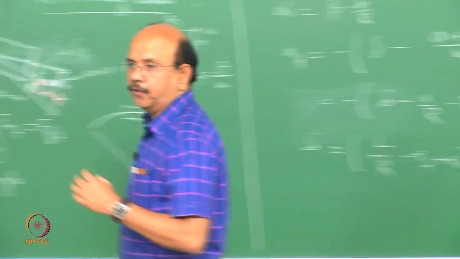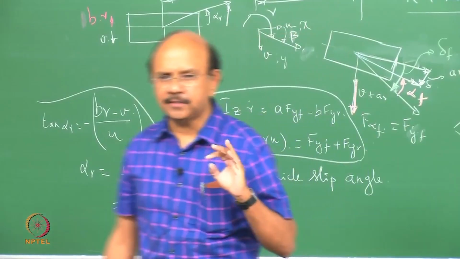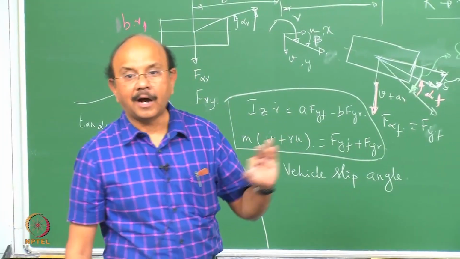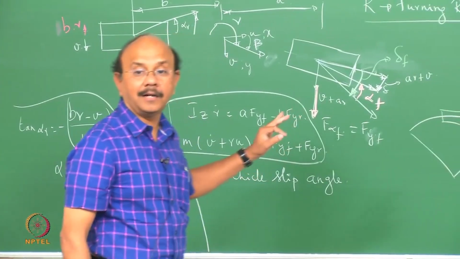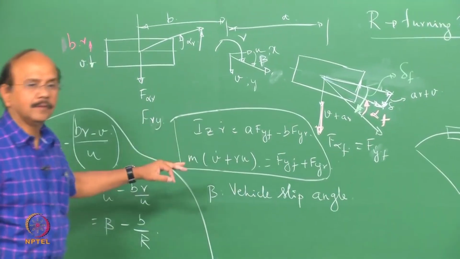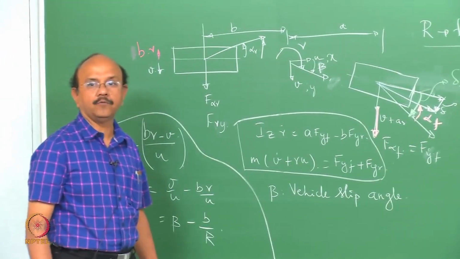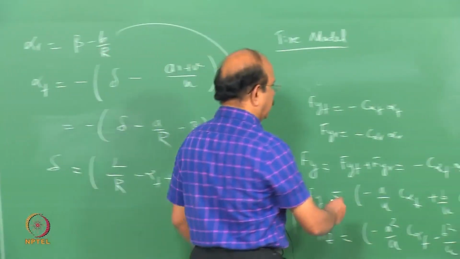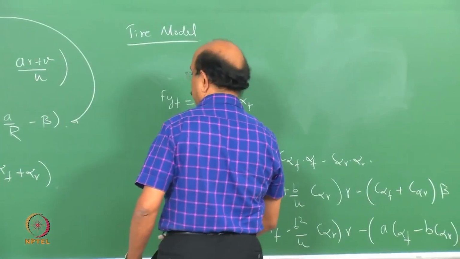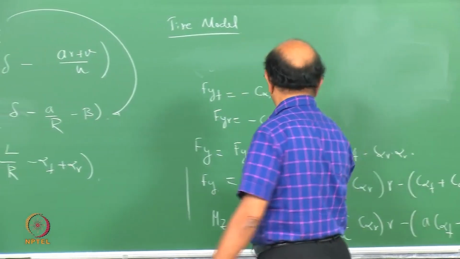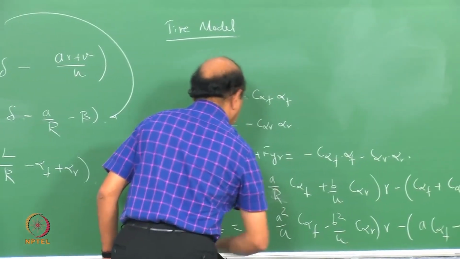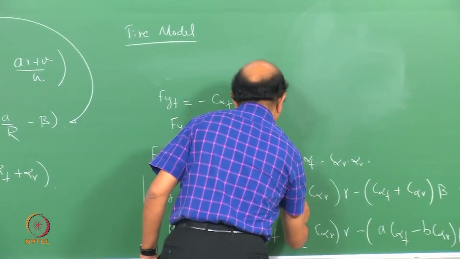Now what are the two variables or two degrees of freedom here? R and V. A by R? Minus A by M. B by R, right?